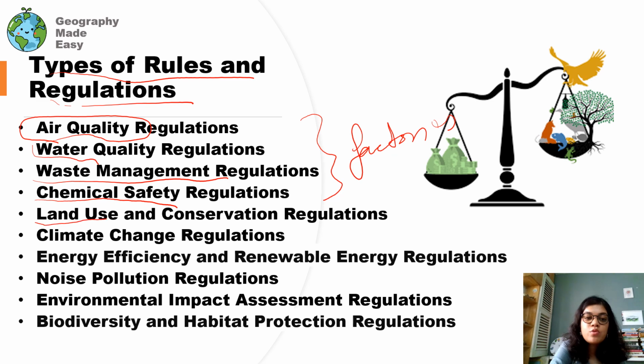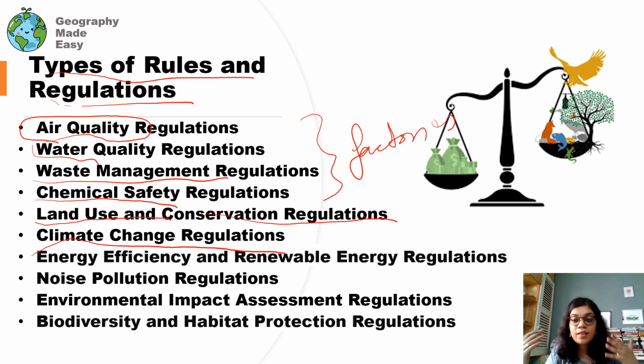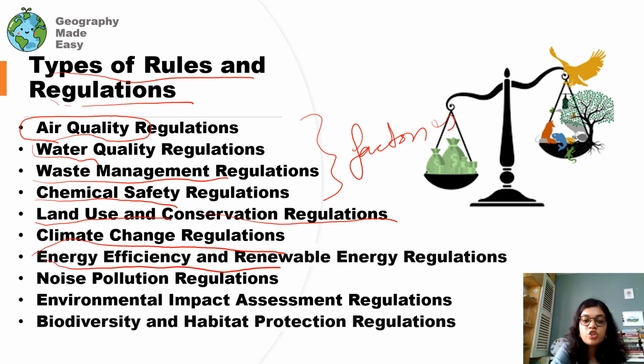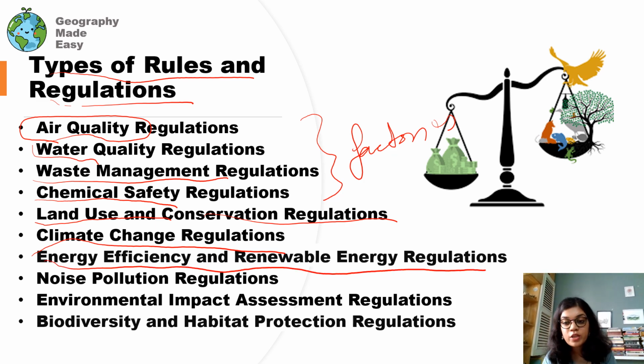Then the land use conservation regulations, which mostly come into play when the government is trying to encroach upon land or anybody is trying to build something. Climate change regulations, which are largely holistic and look into the climate change aspect. Then we have the energy efficiency and renewable energy regulations, which talk about the energy aspects.